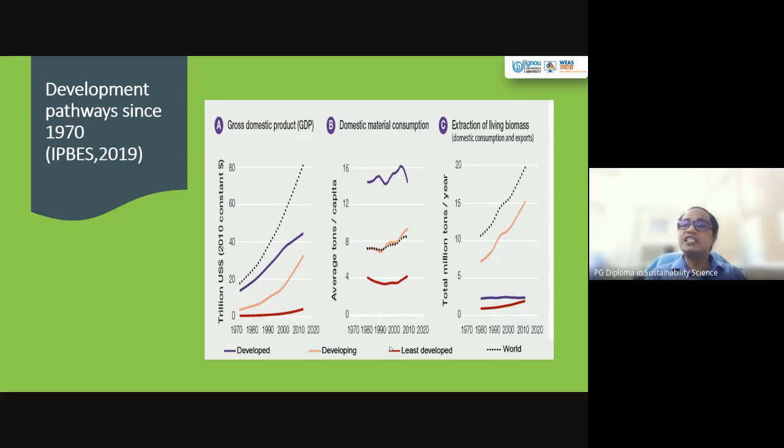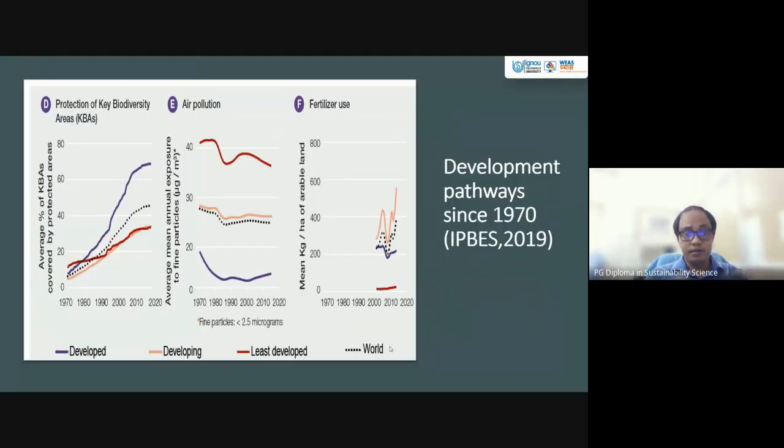So extraction of living biomass, domestic consumption, exports: except for developed countries, the world average is increasing at a very fast rate. The reason developed countries show this, as I told you, is that they are getting more from developing or underdeveloped countries. They are exactly getting benefit from other countries.